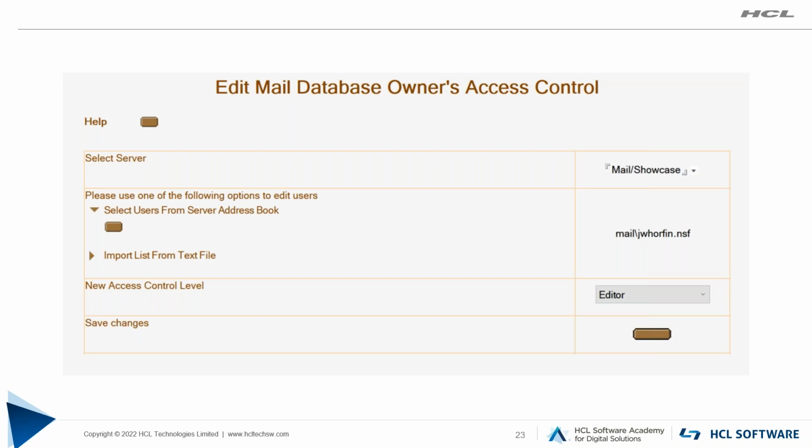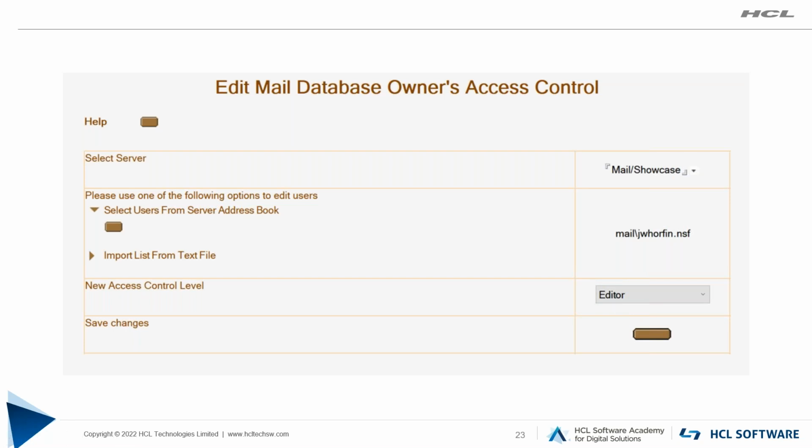The way that this works is it looks at the information in the mail file, specifically the calendar profile document, to determine who is the mail owner. And then it looks for that respective entry in the database or databases that you have defined. It goes through them one at a time, and it will set that user's explicit entry in the ACL to now have the level of access that you provide.